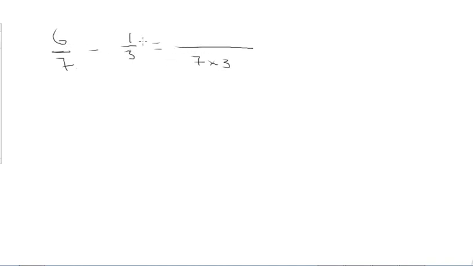Then we'll say this denominator by that numerator, 3 times 6, minus 1 times 7. And this gives us, what is 3 times 6? 18. Minus, what is 7 times 1? 7 over 7 times 3 will give you 21. This is equal to 18 minus 7 is 11 over 21.